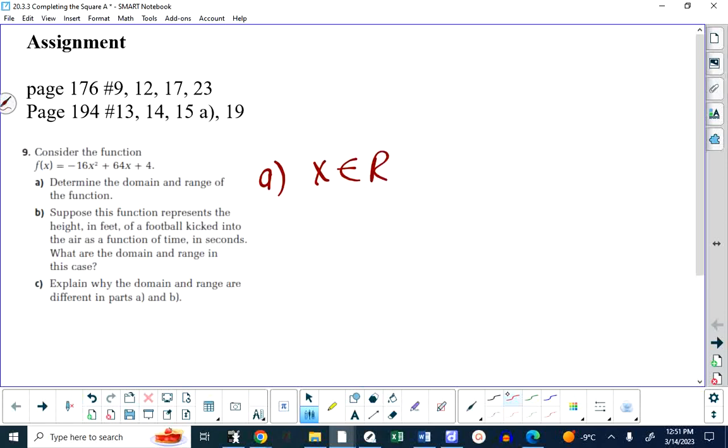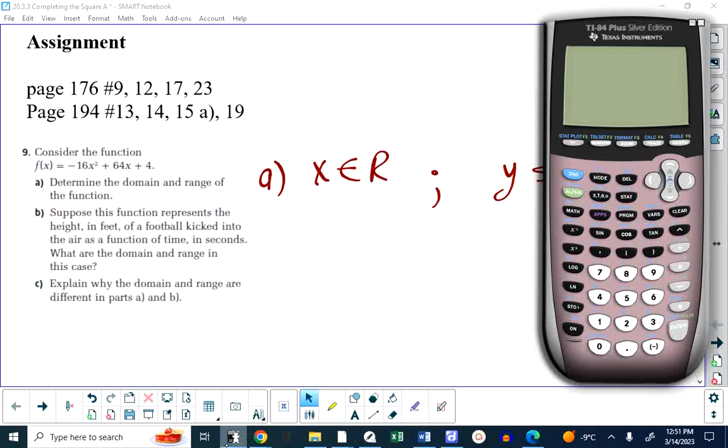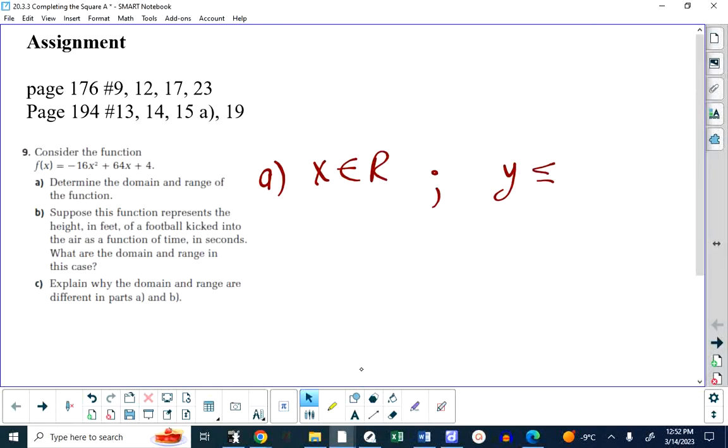And for the range, since this parabola opens down, it will be y is less than or equal to some number. And correct me if I'm wrong, that number is 68. But don't worry about how I did that. I did it using calculus, but that's not important because you're asking about b. You end up with y is less than or equal to 68.